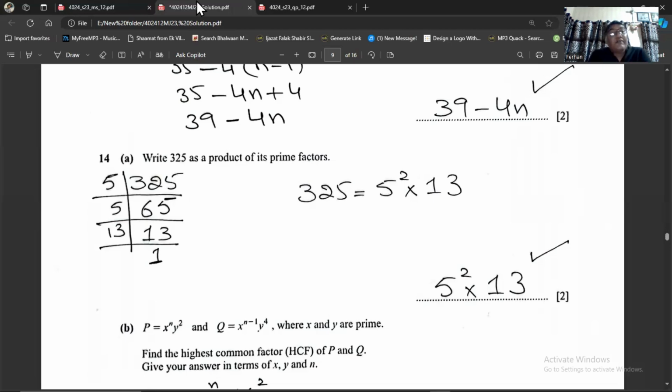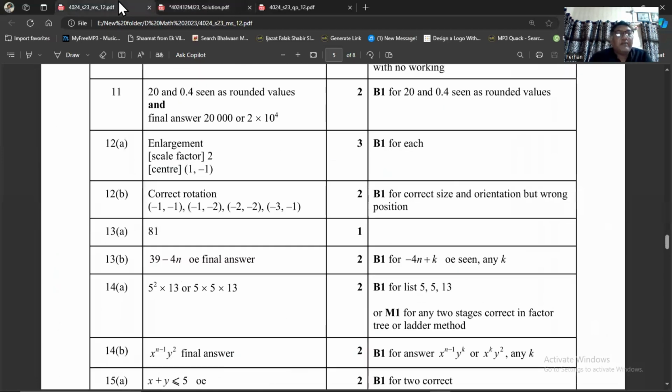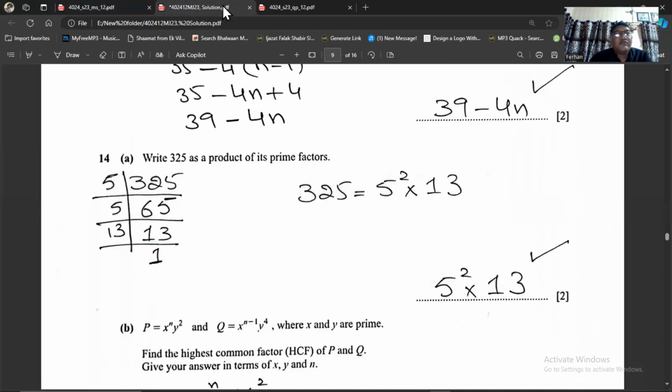So 325 divided by 5 is 65. 65 divided by 5 is 13. And 13 is a prime number, so 13 divided by 13 is 1. So 325 equals 5 squared multiplied by 13. Yeah, our answer is right.